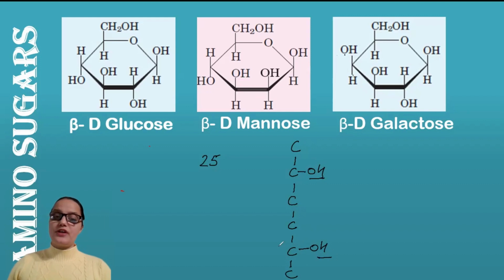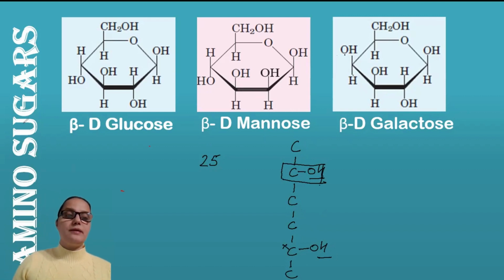But in the process of cyclization, this carbon number 5 will lose its OH. So we are left with the OH on carbon number 2. So in galactose, just on carbon number 2, OH will be directing downwards, while on all other carbons, all other interstitial carbons to be precise, OH will be directing upwards.